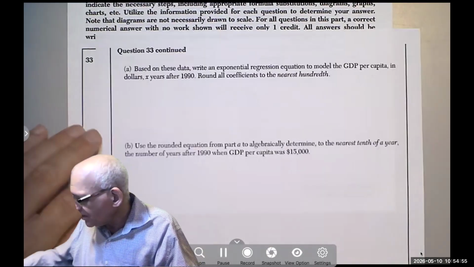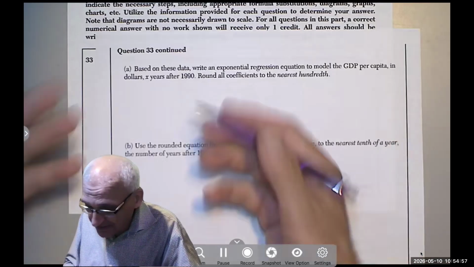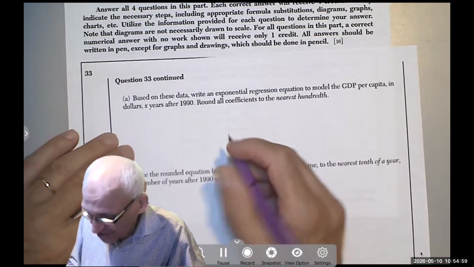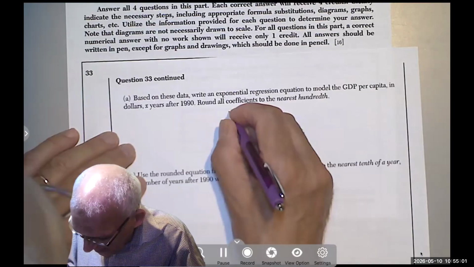Okay, so we know that to write an exponential regression, it would be in the form y.